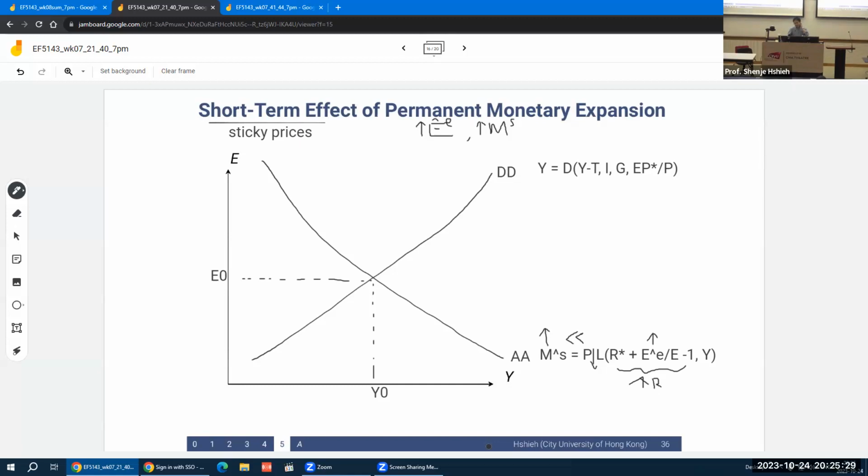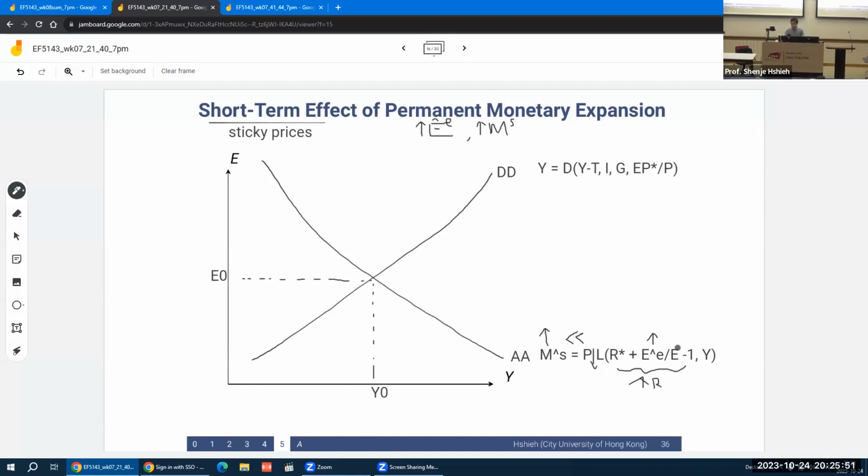And in order for E to change to close this gap, it has to move in a certain direction that allows us to undo this decrease. This can only happen if R decreases, right? And R can decrease if E increases.